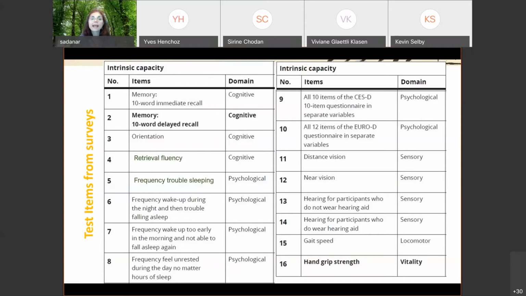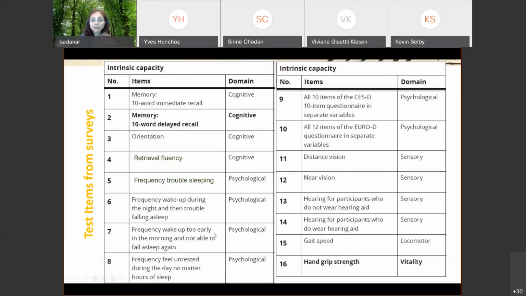And although we were able to identify existing items or tests, when we actually looked across all the surveys that are nationally representative to see what data is comparable, for the area of cognition, the only item that we could find in 40 plus countries to maximize the number of countries that we had data for was the 10-word delayed recall.